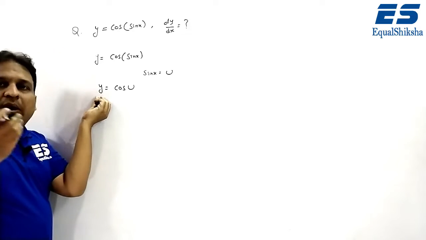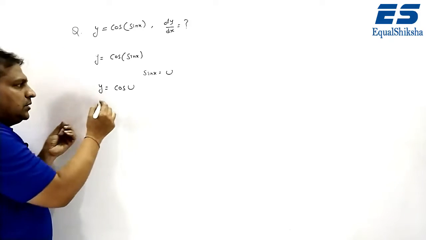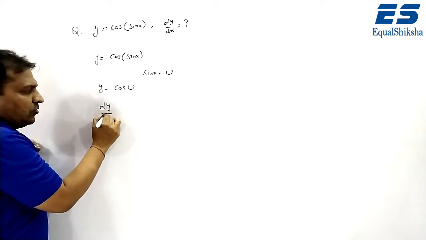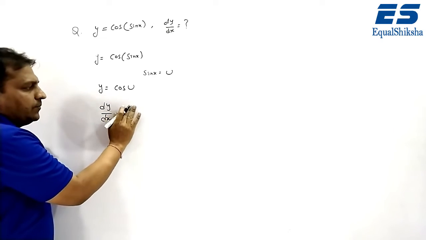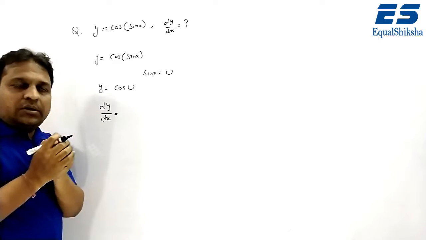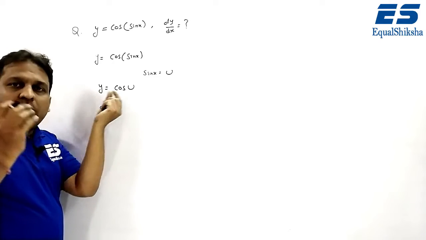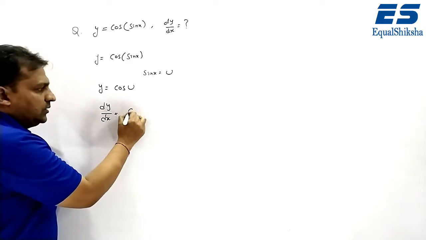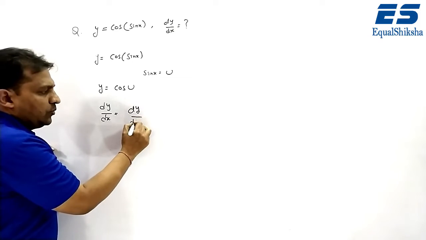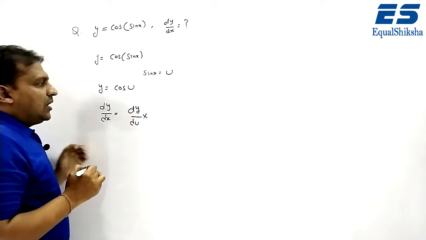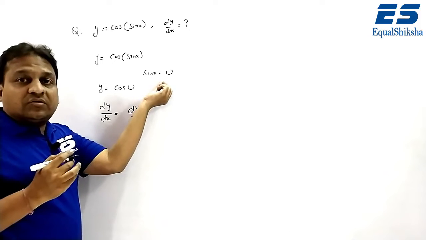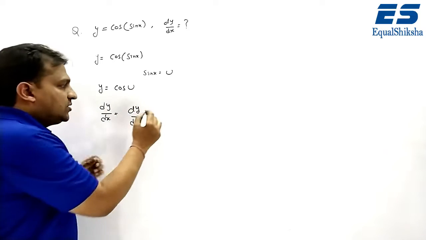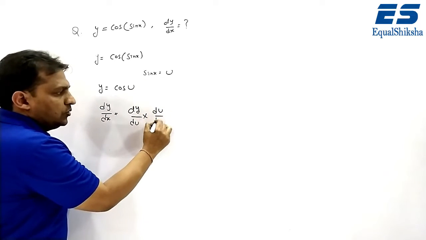Now here y is the function of u. It means for finding the value of dy by dx, the differentiation of y will be with respect to what? With respect to u, because y is the function of u. It means dy upon du multiplied by du by dx. u is the function of x, so we have to differentiate u with respect to x.